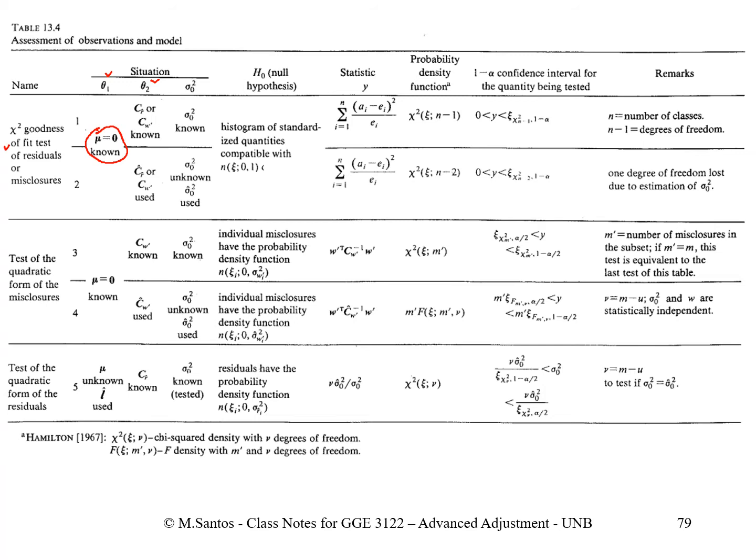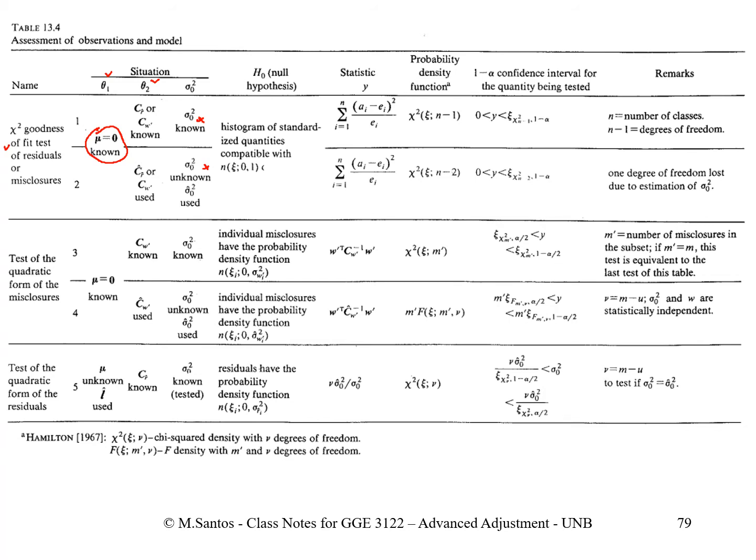And now we have a different paradigm, which is that we are going to look at the a priori variance factor. Do we know the a priori variance factor? Do we not know the a priori variance factor?